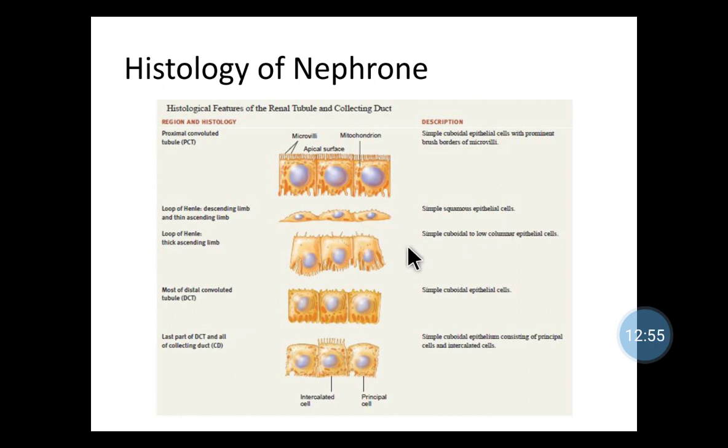Then the distal convoluted tubule contains simple cuboidal epithelial cells, and the last part of the distal convoluted tubule and the collecting duct contain simple cuboidal epithelial cells. Now this is all about the anatomy of the kidney.